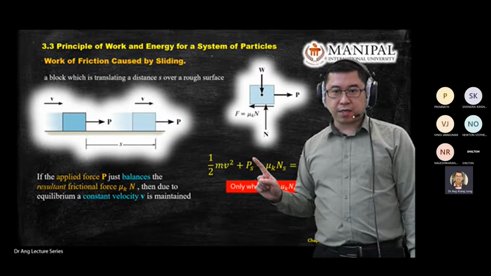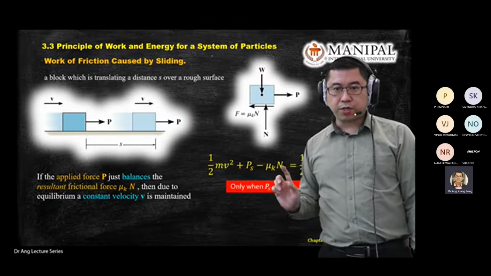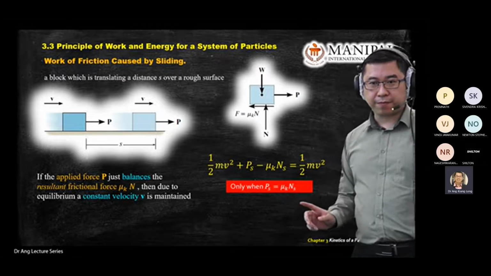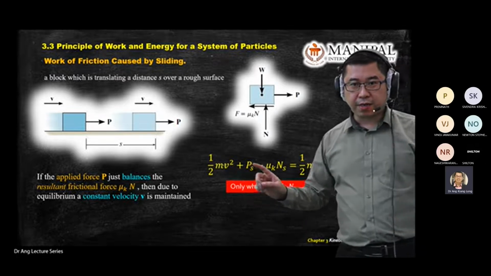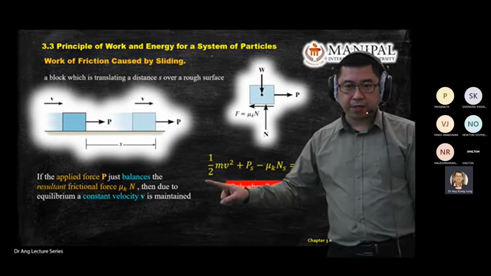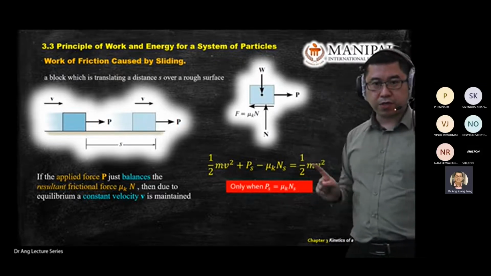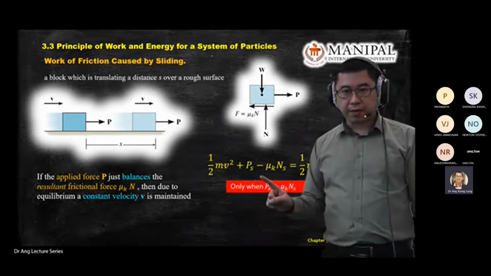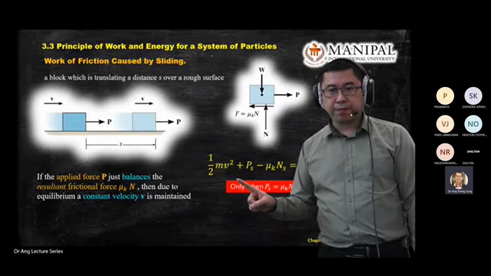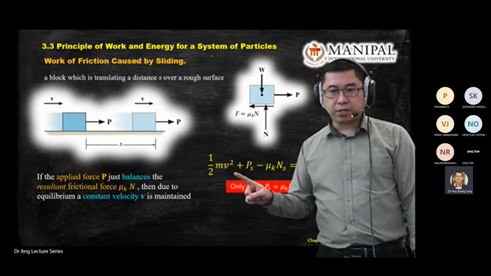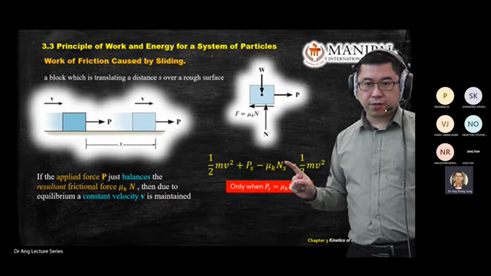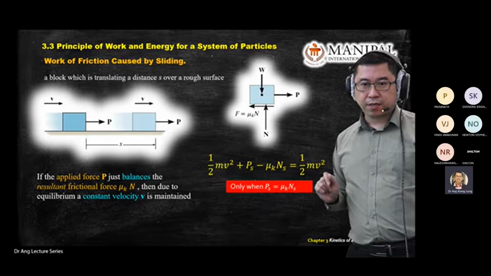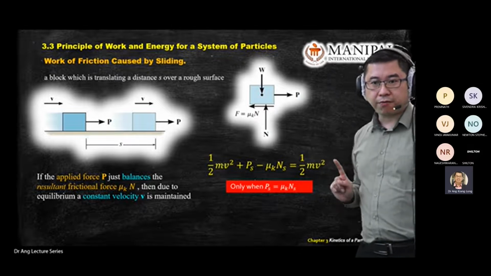This is the equation that we will use to solve all the questions. This is the form we use when we come to friction force. Friction force, this is the energy, this is the force, this is the friction, equal to mv square.